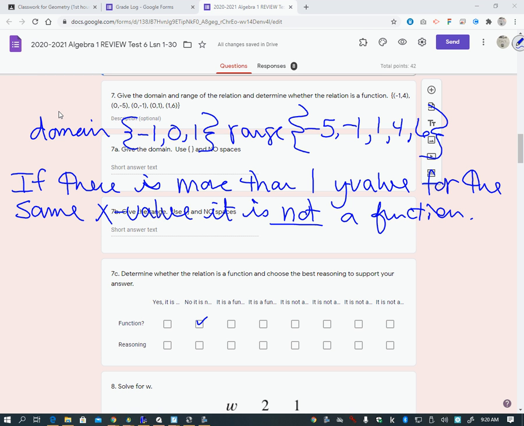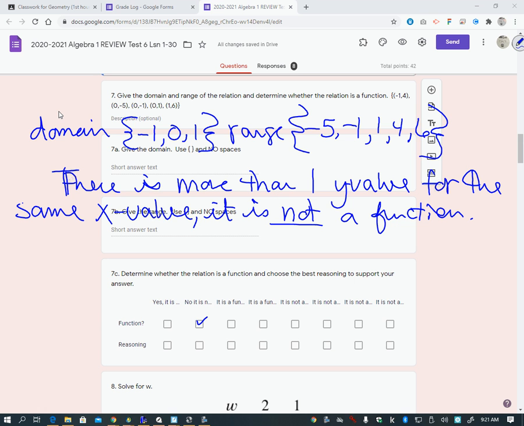Look at your x values. Are there any x values that repeat? 0. Do all of those zeros have the same y value? No. That is what makes them not a function. If I was going to type a sentence, I would type: there is more than one y value for the same x value. It is not a function.